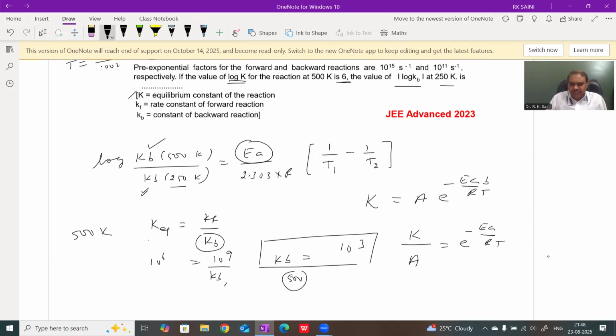Putting the value of K for the backward reaction at 500 Kelvin, which is 10 to the power 3, and the given Arrhenius parameter for the backward reaction, 10 to the power 11, we solve the problem.